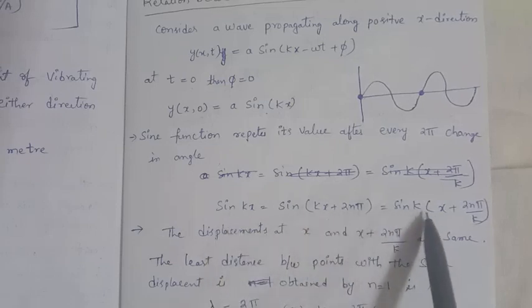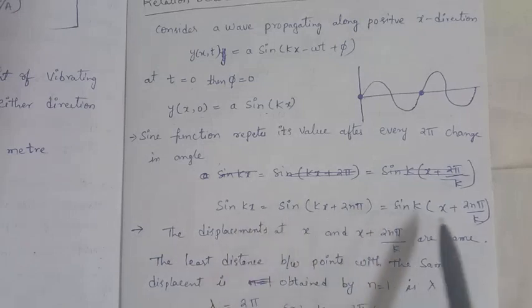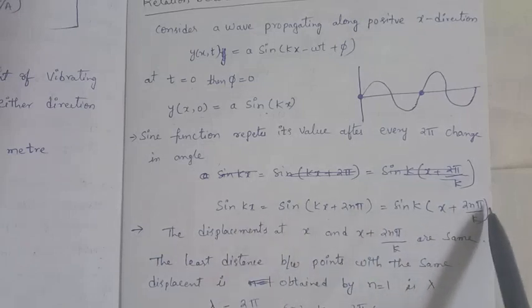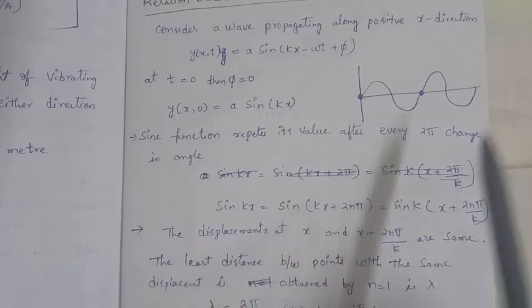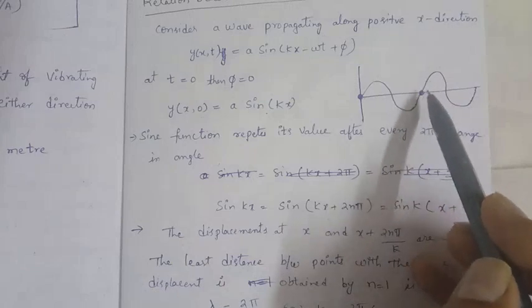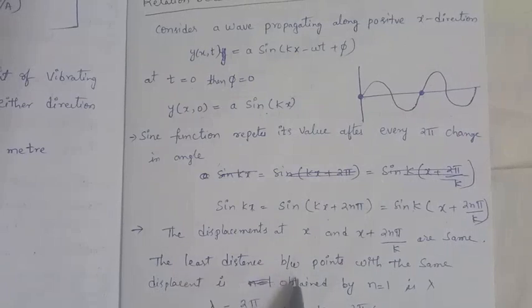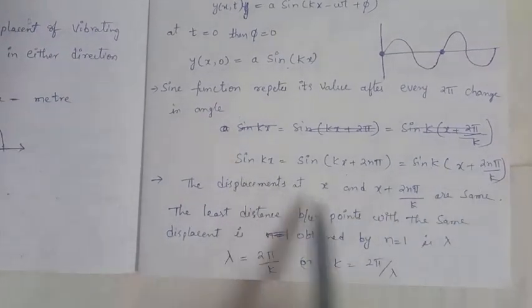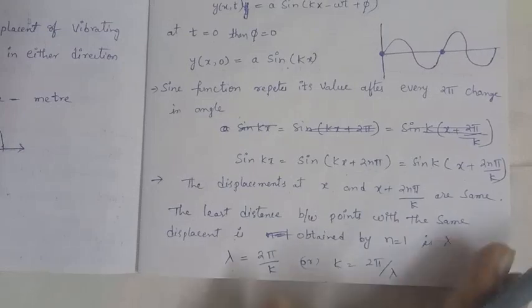Again I will take k common, so the displacements at x and at x plus 2n pi by k are the same. Here the vibrating particle displacements are both the same. So the least distance between points with the same displacement is obtained by n equal to 1, which is lambda. So the difference between these two is lambda, equal to 2 pi by k, or k equal to 2 pi by lambda.